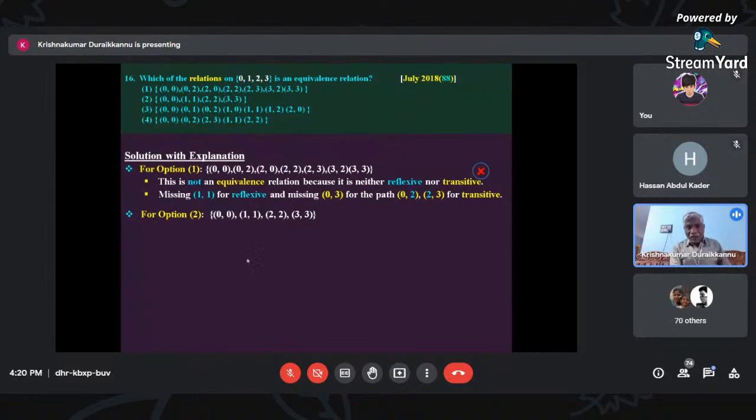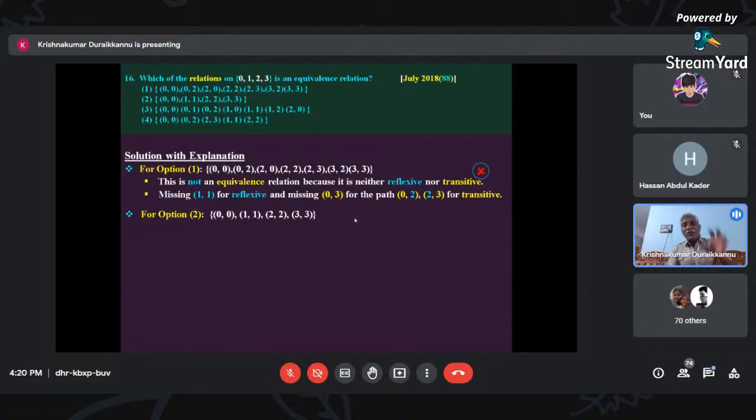If some other elements are present along with these four pairs, then only we have to verify reflexivity, transitivity and symmetry.